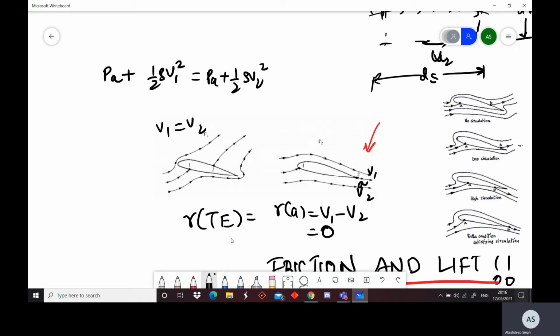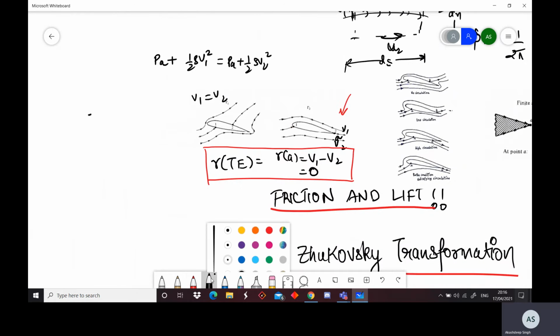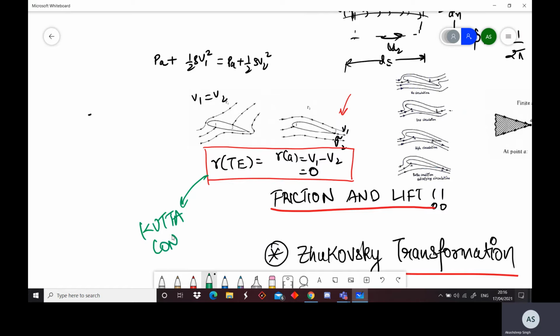So this is the Kutta condition finally: gamma at the trailing edge should be 0. This is how the capital Gamma is decided.